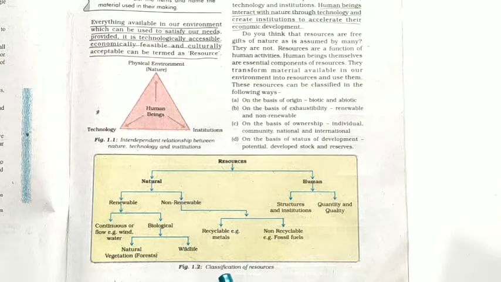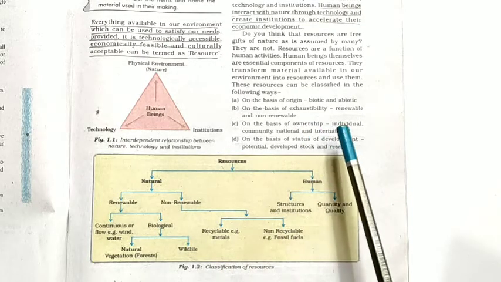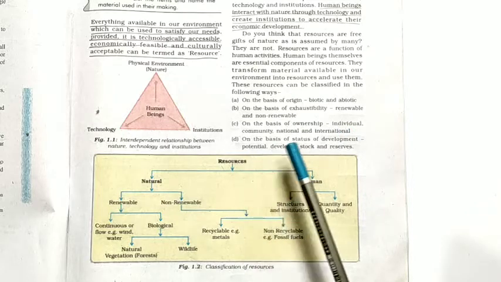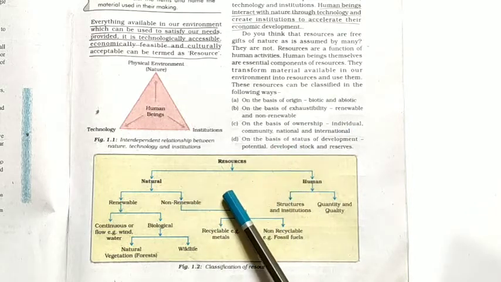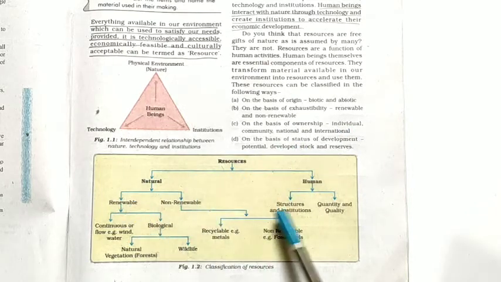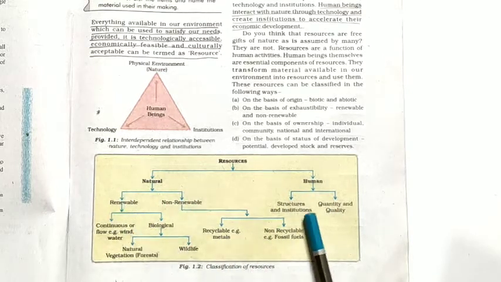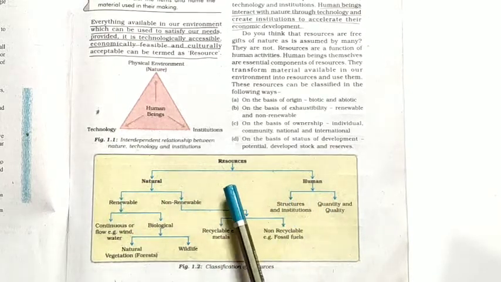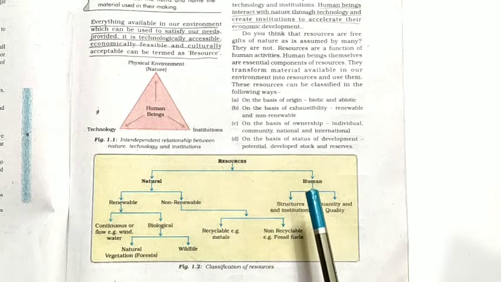You may also be confused and have a question: why are there different classifications? They are not different, they are the same. And this table is for better understanding, which is divided into natural and human.